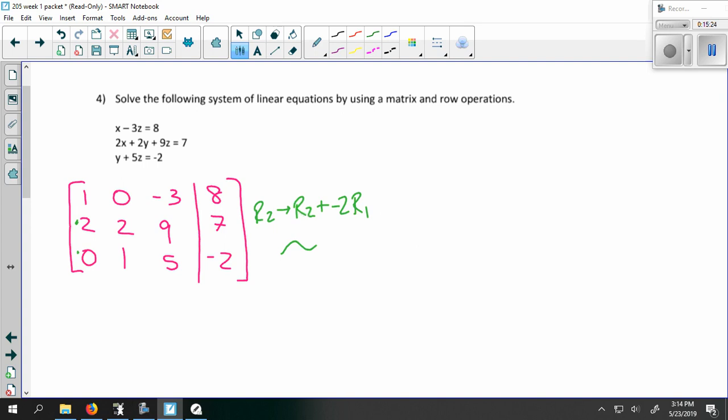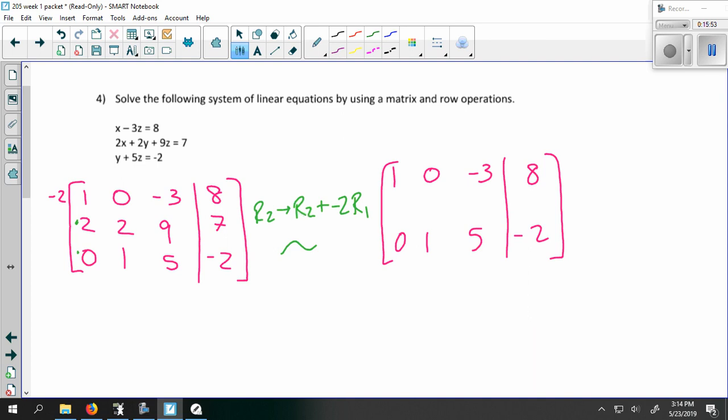So I'm going to use -2 row 1 to replace it. And I'm going to end up with a row equivalent matrix. The only thing that's changing is row 2. To remind myself of that, I like to copy the other rows before I start doing my replacement. Okay, so row 2 is changing. Row 2 is going to become itself plus -2 row 1. So I'm doing -2 times this first row and adding to row 2.